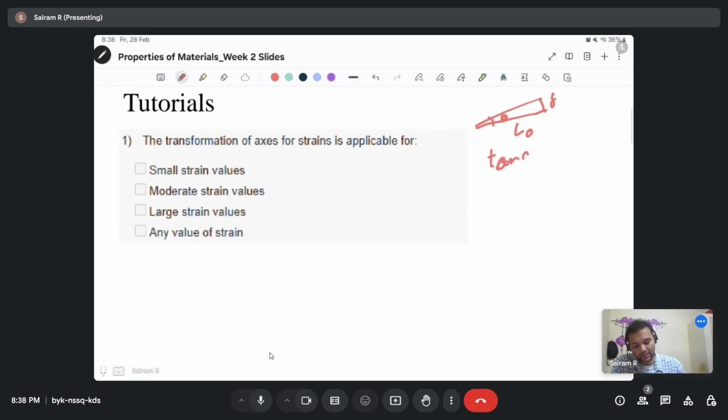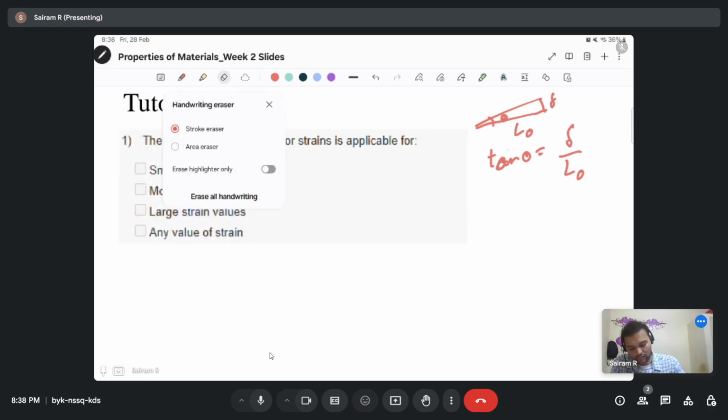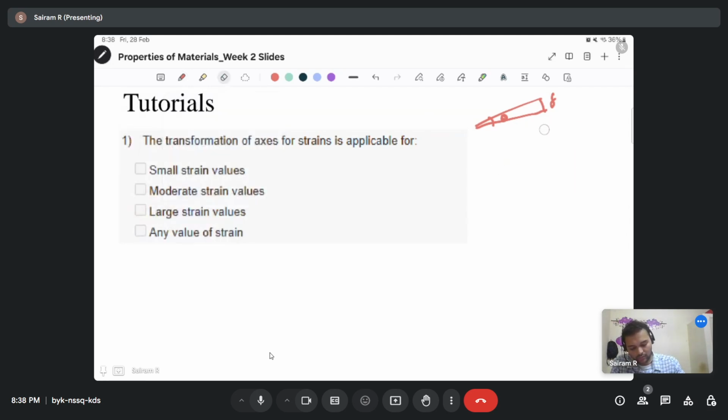Tan theta equals delta by L naught. I've drawn it to be a lot bigger, but let's assume that it is very small. Tan theta equals delta by L naught from basic mathematics.